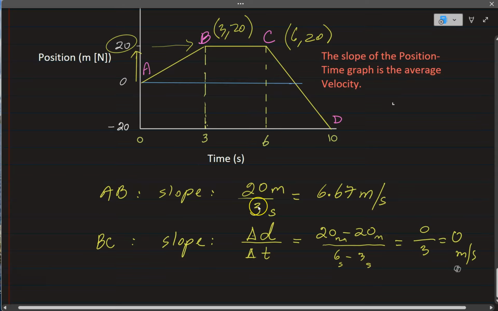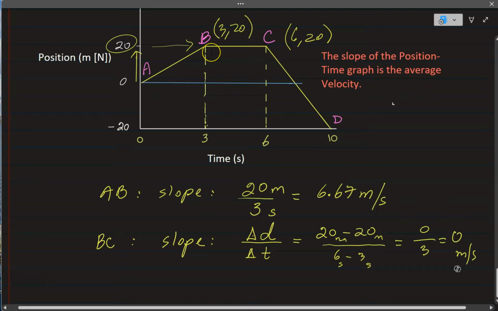That is the graphical representation of this slope being 0, which means the average velocity is 0, because technically this person is not moving at all. That's what's happening.